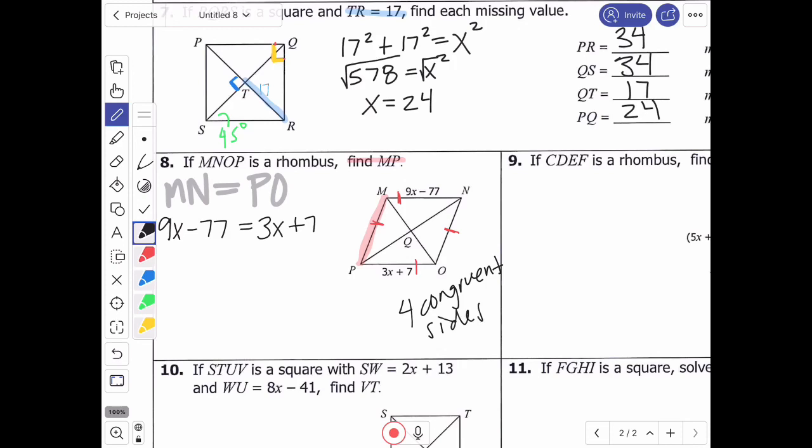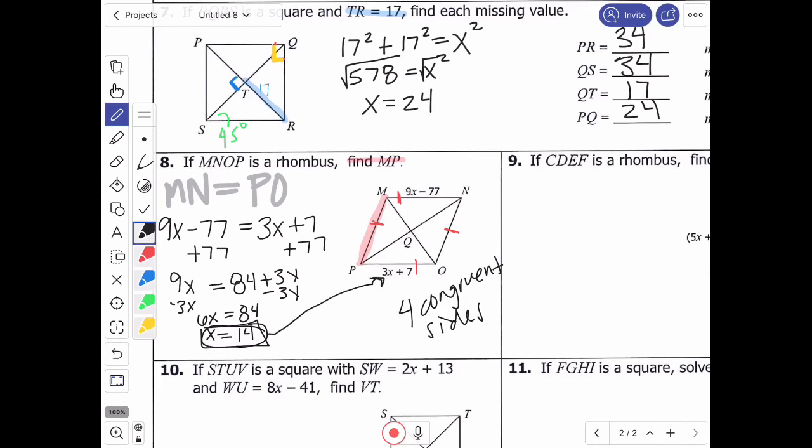So when I solve for x, I'm going to add 77, and I get 9x equals 84 plus 3x. Subtract 3x, and I get x equals 14 after I divide 84 by 6. Now I'm going to use x equals 14 to find MP by plugging it into either of these sides.